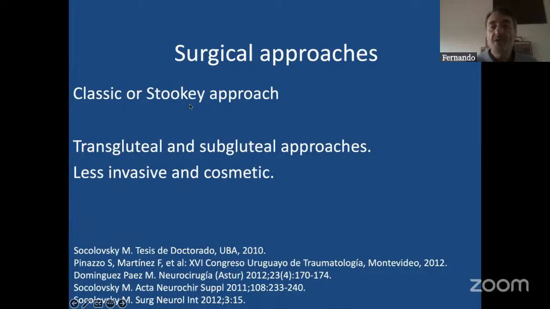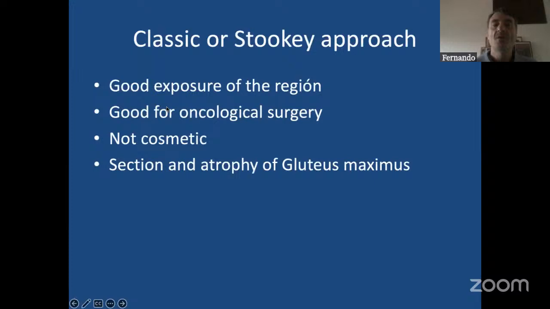And to this part of the sciatic nerve, we can use 3 approaches: the classic or Stucky approach, and the transgluteal and subgluteal approaches. These 2 approaches are less invasive and more cosmetic than the classic Stucky approach. We will see the 3 approaches shortly, because this is a webinar about anatomy.